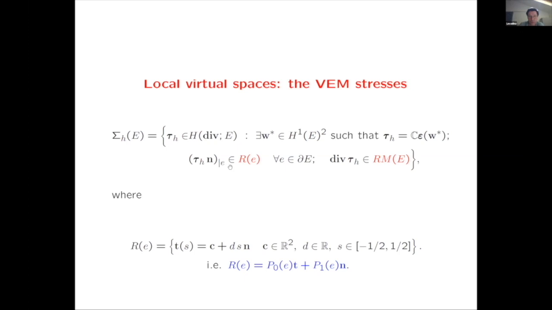The tractions are in such a space, which means that on each edge of the element, there's a tangential part which is constant, and the normal part is just P1. So it's constant along the tangent direction, and it's P1 along the normal direction.